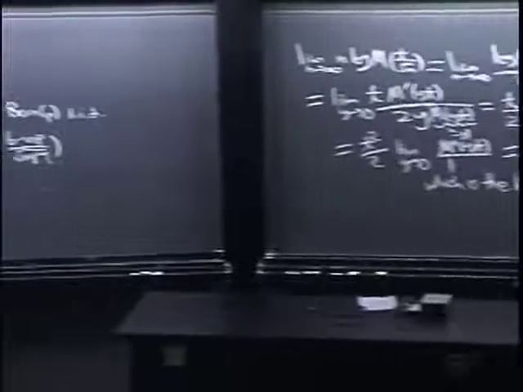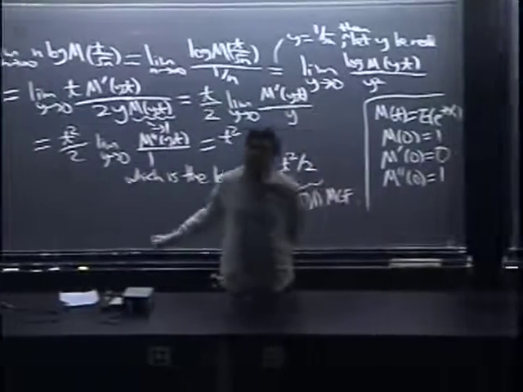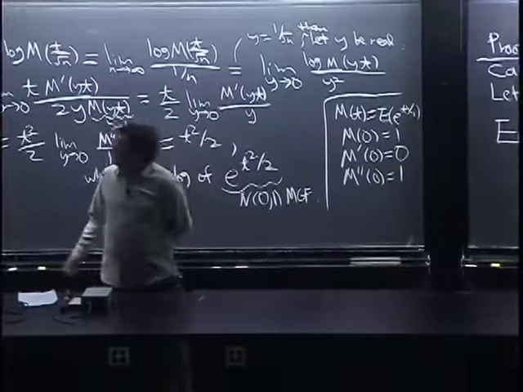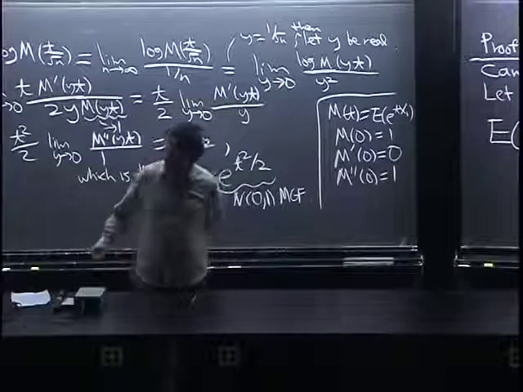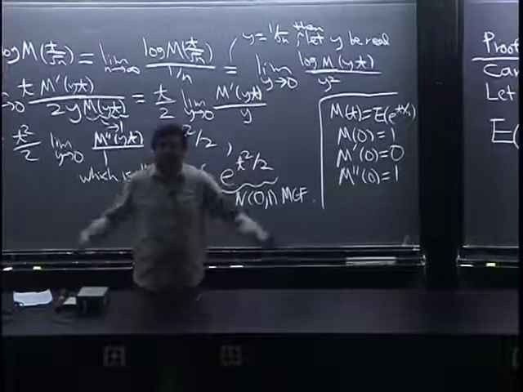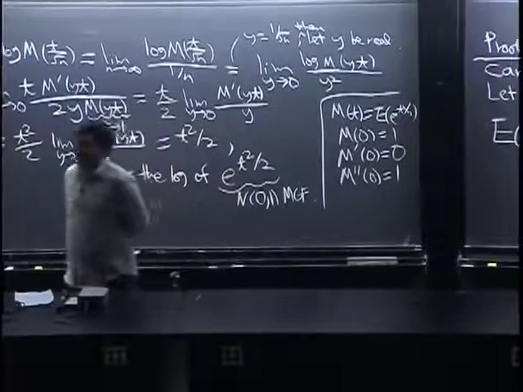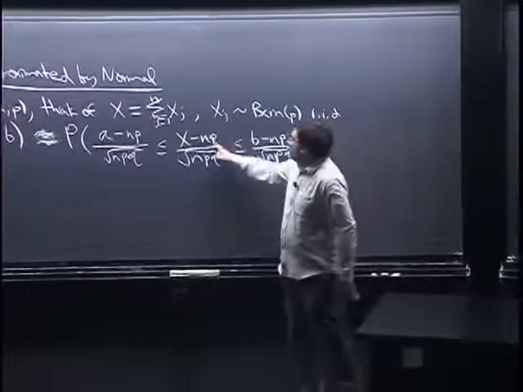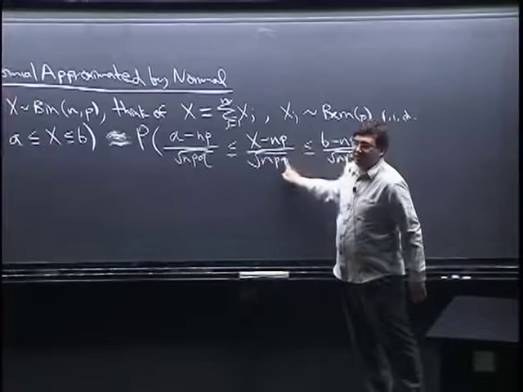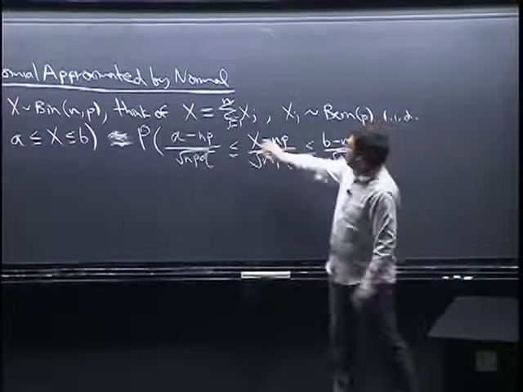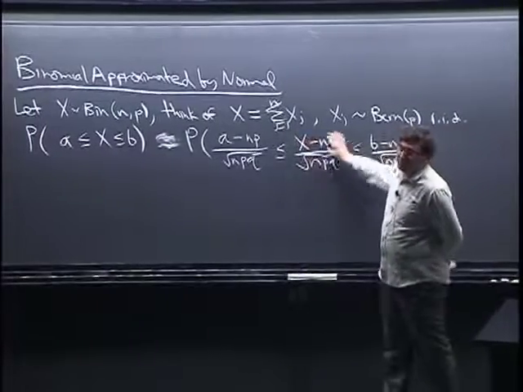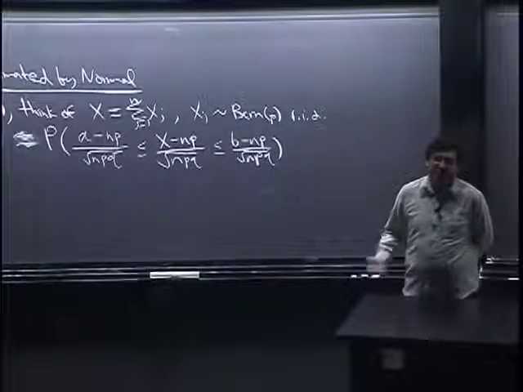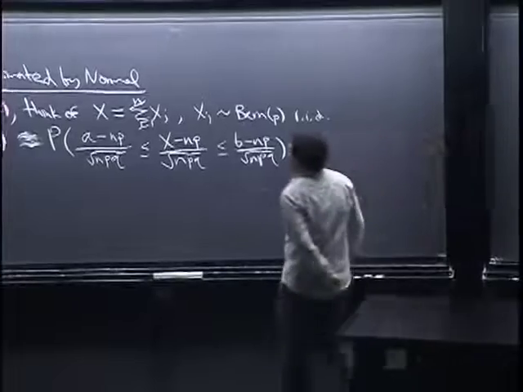There are separate rules of thumb for the binomial, like you want n times p to be reasonably large and n times 1 minus p to be large. There are different rules of thumb. But anyway, if n is large enough, then what we've just proven is that this is going to look like it has a normal distribution, because that's a sum of IID things, and we standardized it correctly, because we already knew the mean and the variance. Okay, so this is approximately normal.